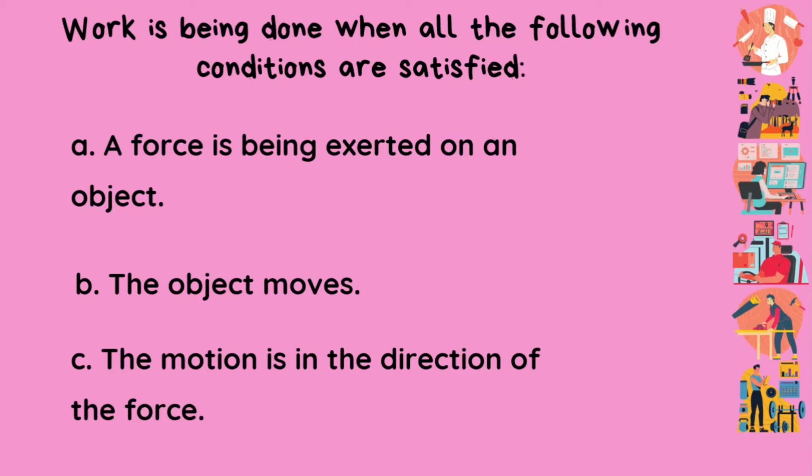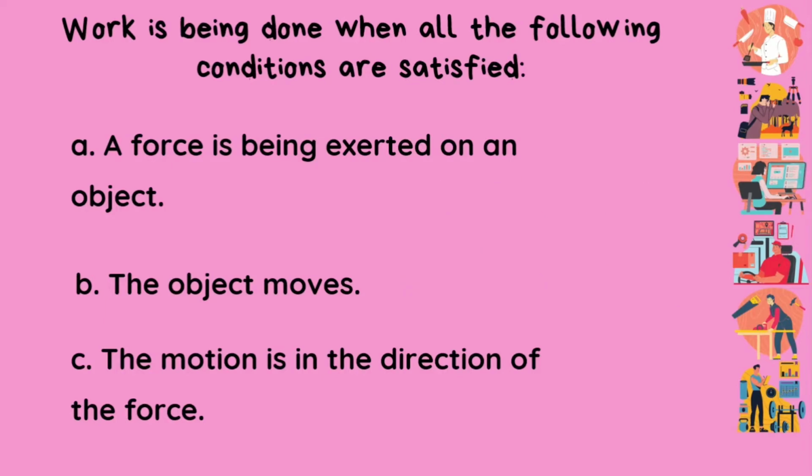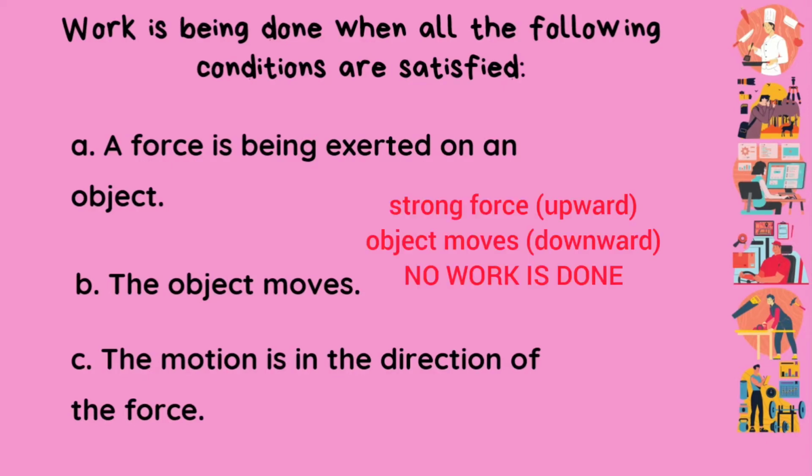Even if you exert a great force, nag-exert ka ng malakas na puwersa, if hindi mo na-satisfy yung letter B, pag di mo napagalaw yung object, then no work is done. But you have to remember this. Kahit malakas yung puwersa mo, kahit napagalaw mo pa yung object, kapag yung motion ng object ay iba sa direction ng force, wala pa ring work na nangyari.